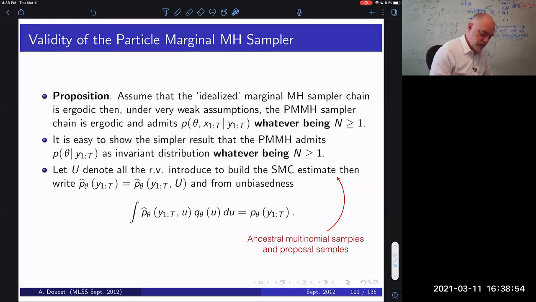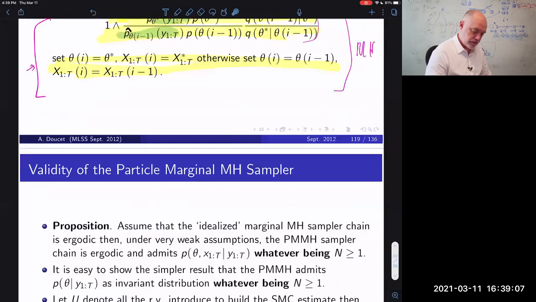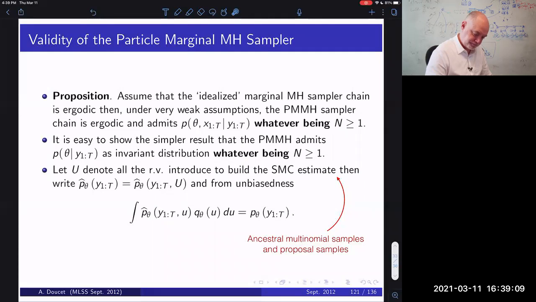So if we assume very reasonably that the idealized marginal Metropolis Hastings sampler chain is ergodic, which is to say if you run MH in this model, it's ergodic, right? And admits this posterior distribution here, right?